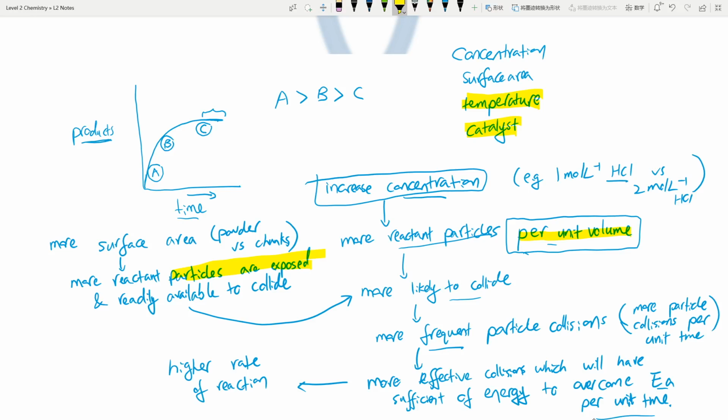I always use this analogy: if you put a whole chicken into the oven versus sliced up chicken of the same size, obviously the sliced up pieces will get cooked faster because they have more surface area. They can be heated much more easily compared to the whole chicken, which has a smaller surface area.